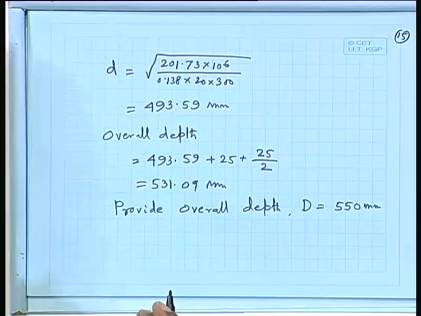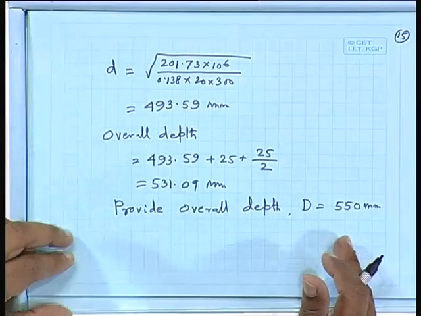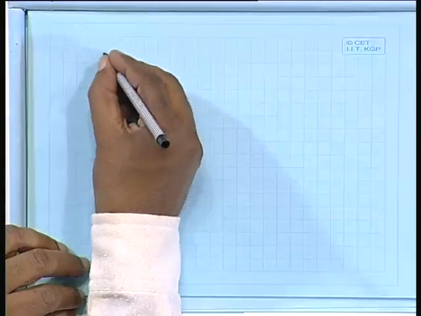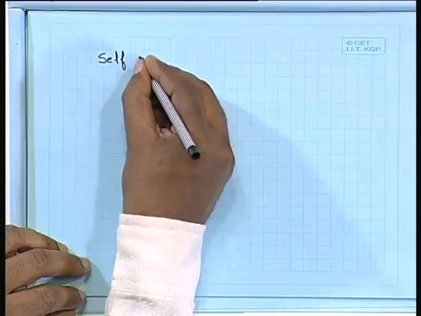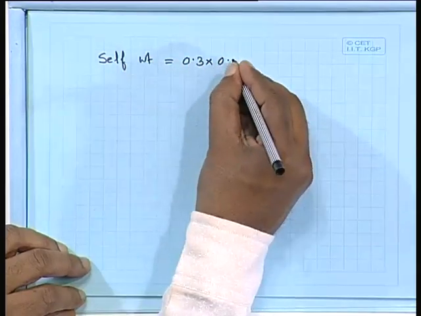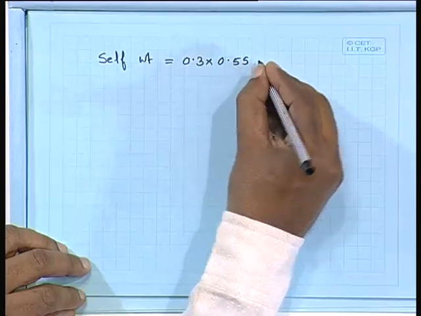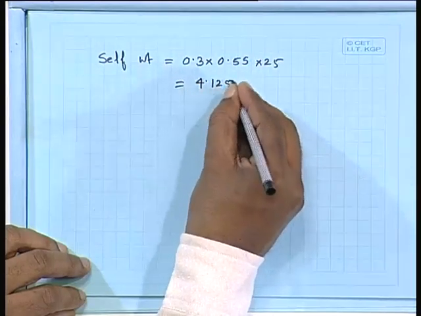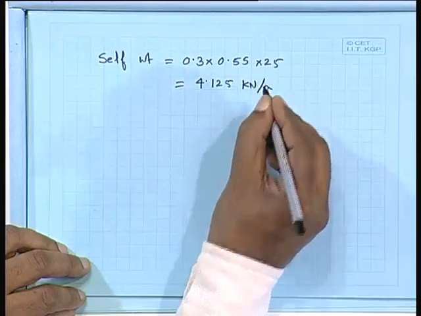Now we can change that value, because the self weight also changes if we provide 550. Let us check the self weight again. So 0.3 times 0.55, 550, times 25 comes as 4.125 kilonewton per meter.